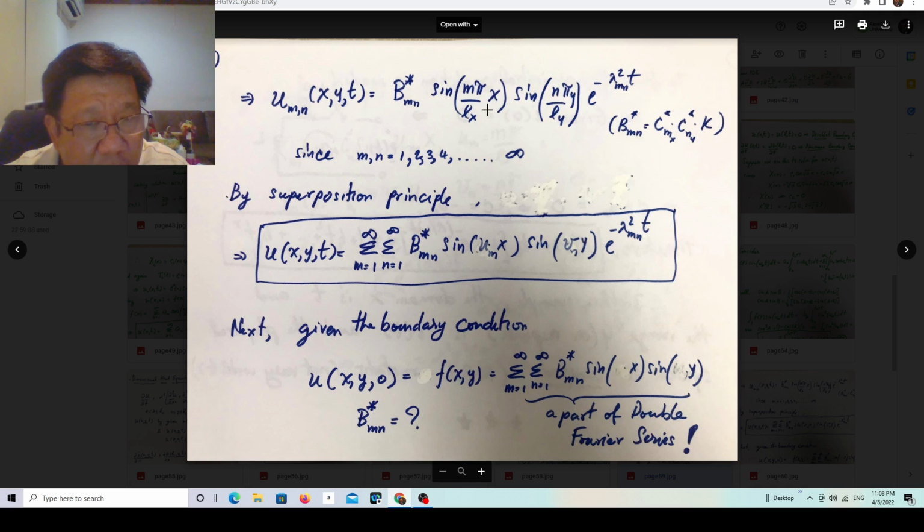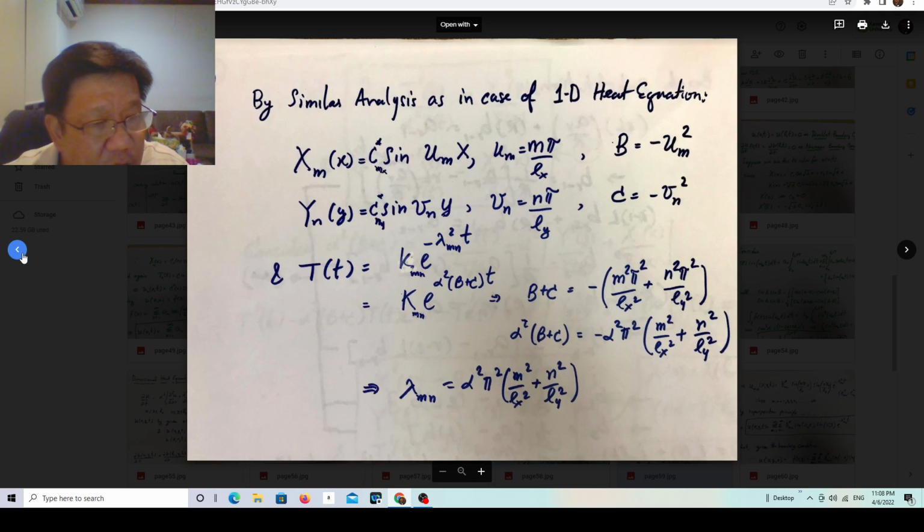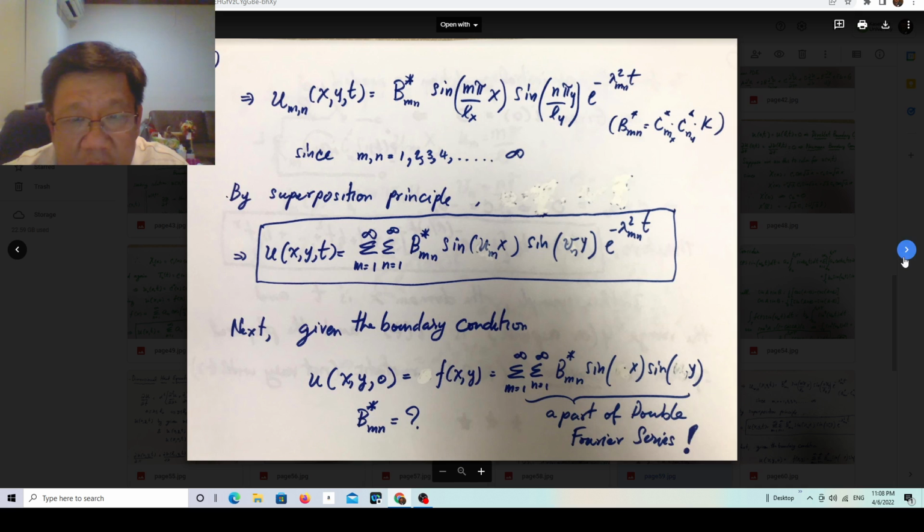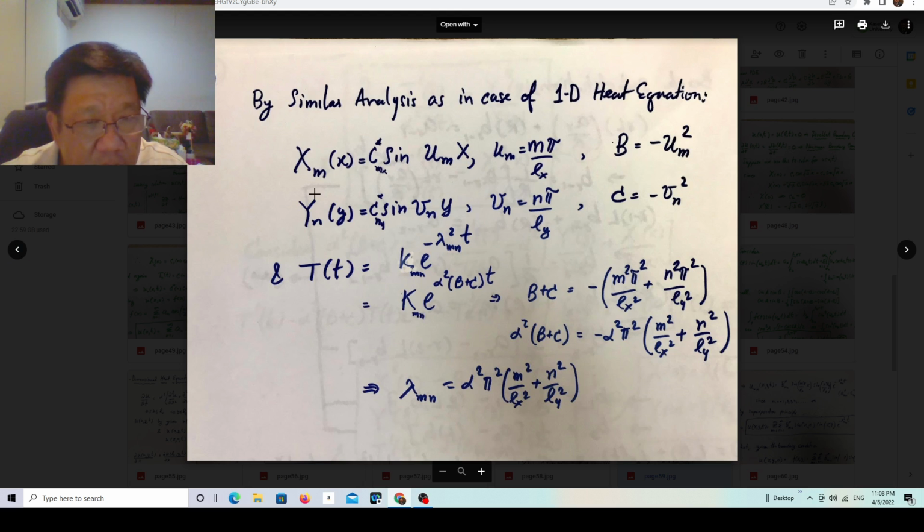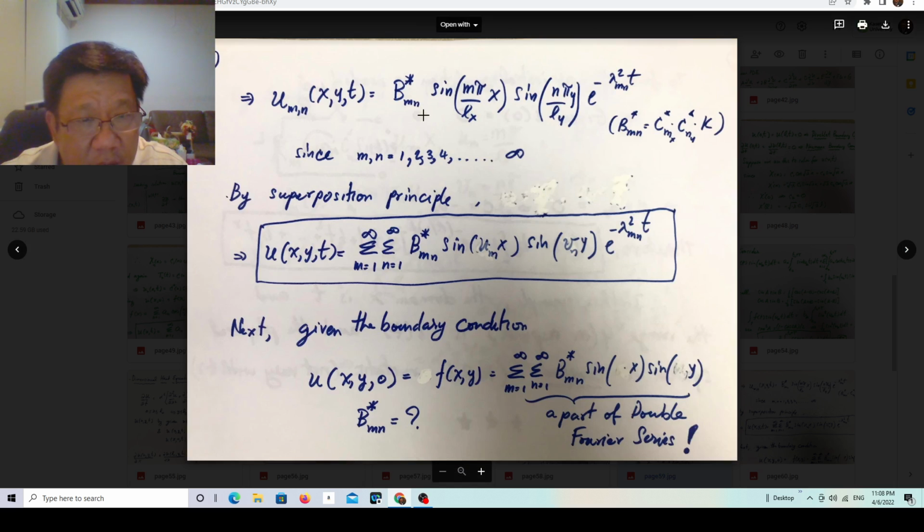This is the exponential in the T function. All the constants multiplied together become B star mn. This is the X function, the Y function, times the T function. B star mn is equal to all the constants for each mode, multiplied together, and since it's a constant it becomes the new constant value, with m and n starting here.